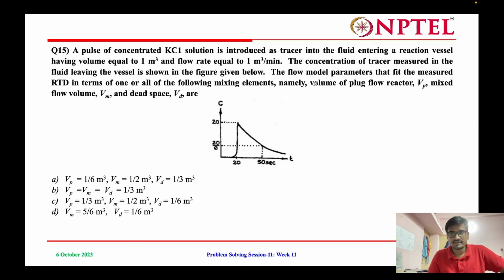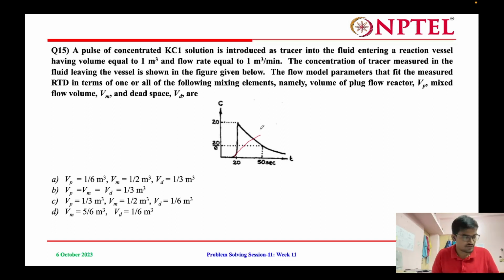The flow model parameters that fit the measured RTD are in terms of one or all of the following mixture elements, namely volume of plug flow reactor Vp, mixed flow reactor Vm, and dead space volume Vd. So you have to calculate all the volumes Vp, Vm, and Vd.